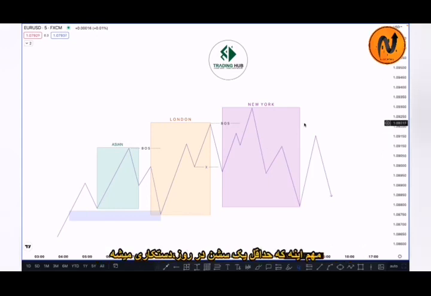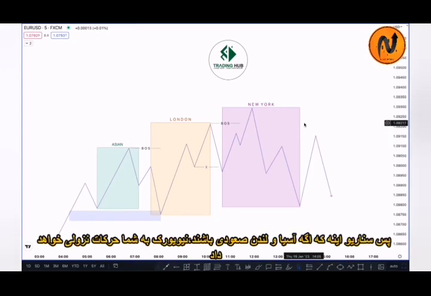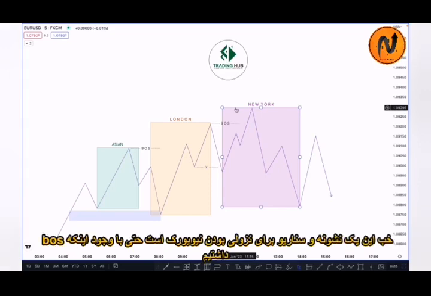So at least one session will be manipulated in a day. This is our first scenario. If the Asian session and London session are both bullish, then New York will be bearish. So this is our first indication that New York can give you a downside move, even when the market has closed above it.